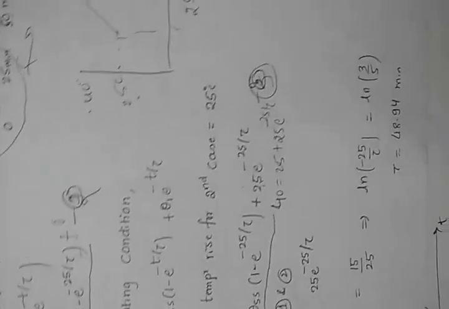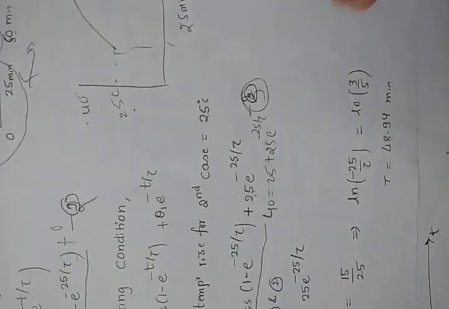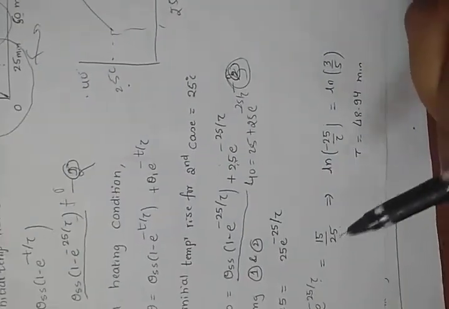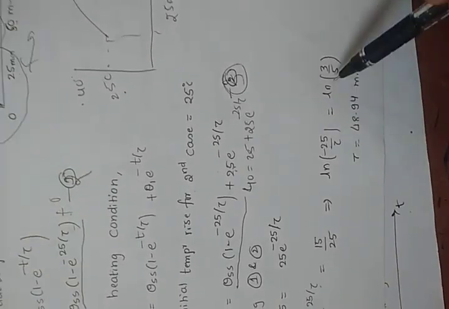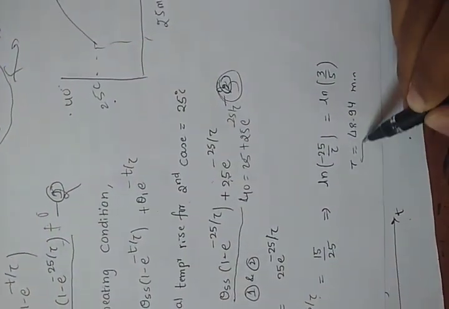Taking ln on both sides, we will get tau equal to 48.94.